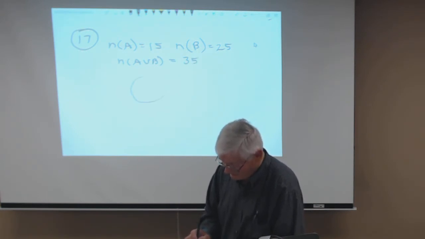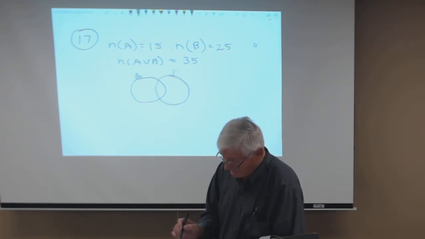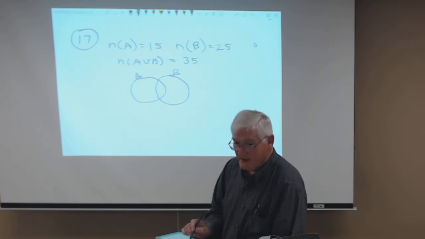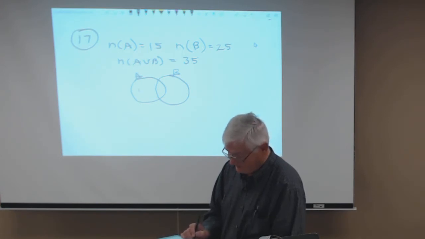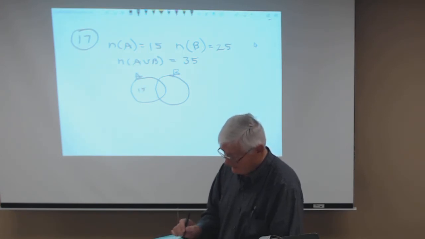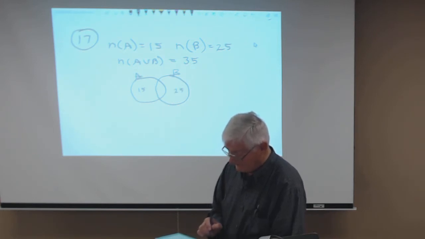Here's A. Here's B. How many elements in A? 15. If I put 15 out here, and in B I put 25 out here, what does that add up to? What's 15 plus 25? 40.